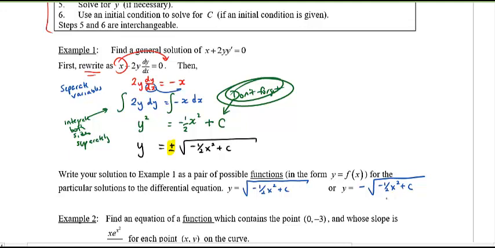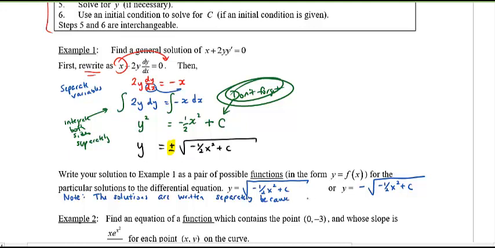Now, once again, why are we writing them separately? Well, I'm going to put a little note here. They are written separately, so the solutions are written separately. Why?